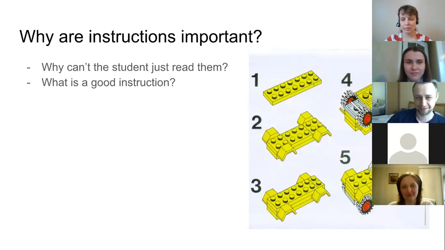Well, maybe if the student can't understand the teacher's instructions, then they can read the instructions. So you think it's okay to read the instructions? We'll look at some instructions later and we'll see if it's really okay, or maybe we as teachers can do a better job.